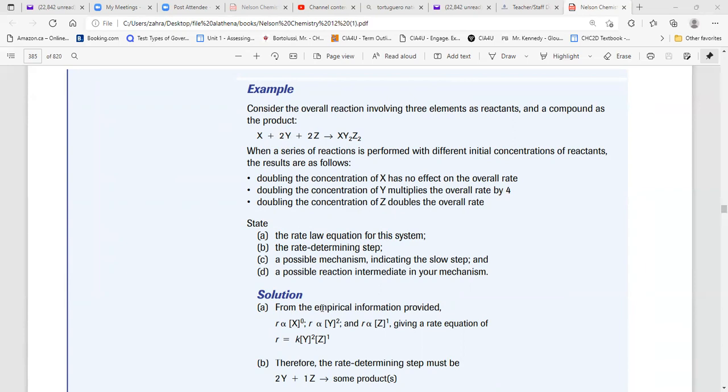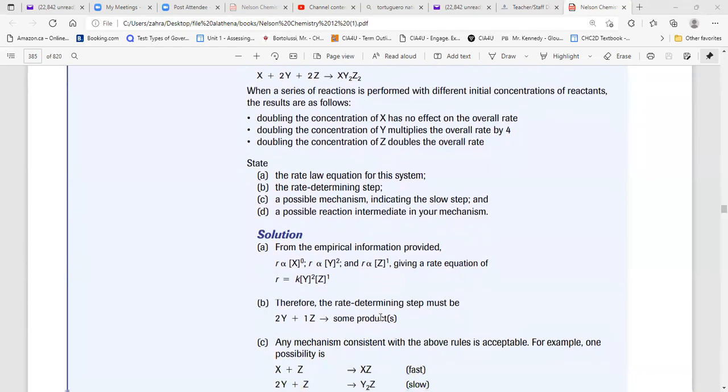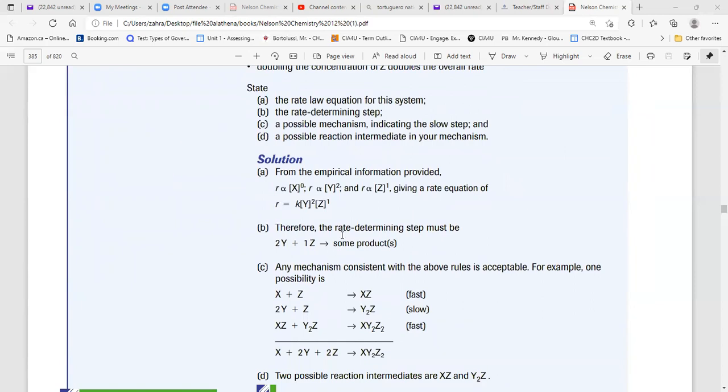If doubling gives 4 times, the power is 2, because 2 to the power of 2 is 4. Doubling the concentration of Z doubles the overall rate, so the power is 1, because 2 to the power of 1 is 2. So the rate law is rate equals k[Y]^2[Z]^1. This means the rate determining step is 2Y plus 1Z giving some product.